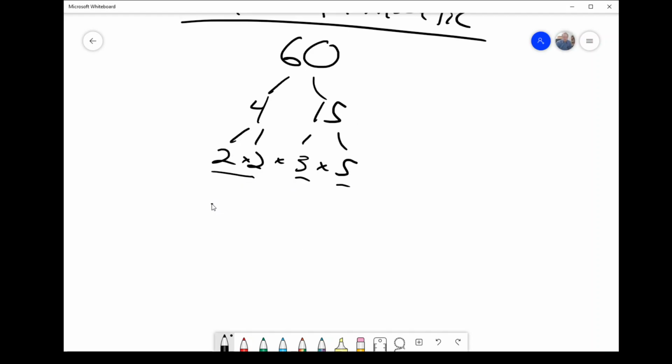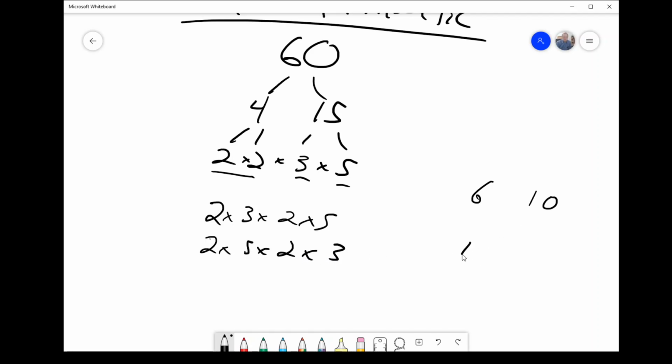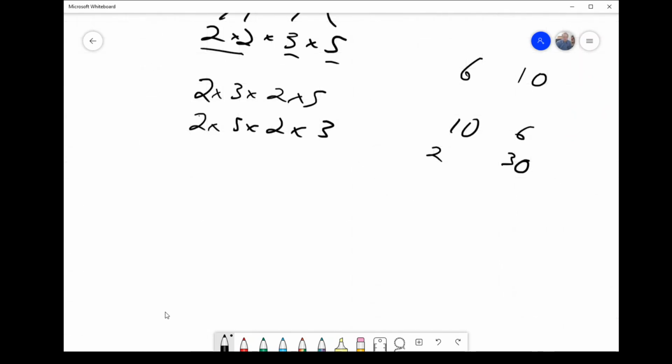But that doesn't mean we can't have someone else say, well, that's 2 times 3 times 2 times 5, because they started with 6 times 10. You could have somebody else say, right, it was 2 times 5 times 2 times 3, that first step being 10 times 6, or even 2 times 30. So we do have a number of different arrangements of these different characters.